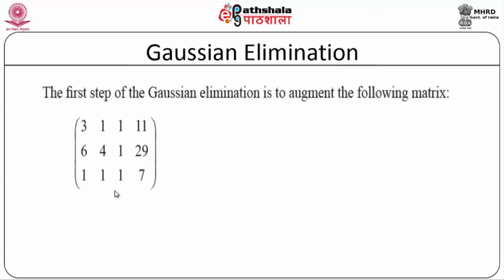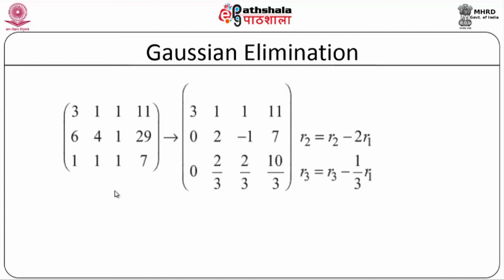Now, this is the augmented matrix. The objective is very simple. We have to keep the element 3 as a pivotal element, and using the elementary operations we have to remove 6 as well as 1 in the other equations. So, we can use transformations like this.